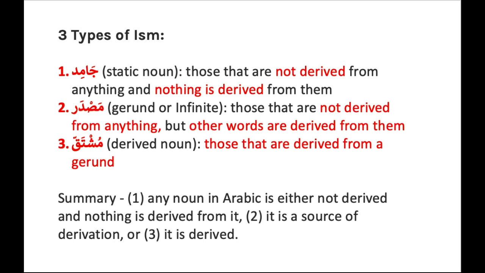In summary, number 1, Ismul Jamid, is a noun in Arabic that is either not derived or nothing is derived from it. Number 2, Ismul Masdar, is a source of derivation, meaning other words are derived from it. And the third one is Ismul Mushtaq, which themselves are derived from a masdar or gerund.